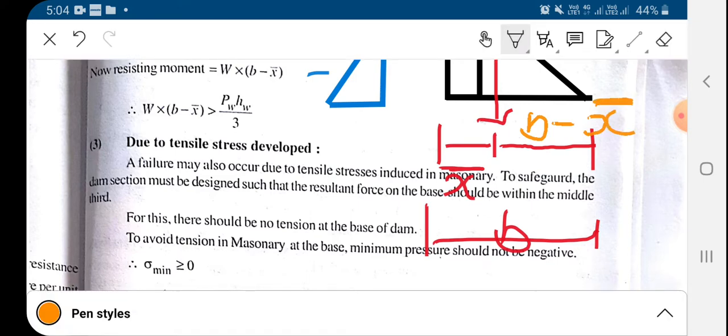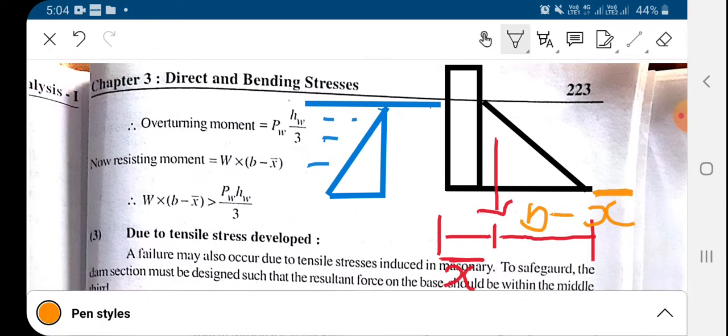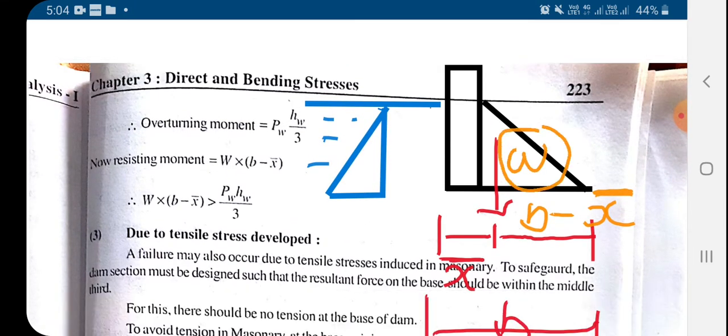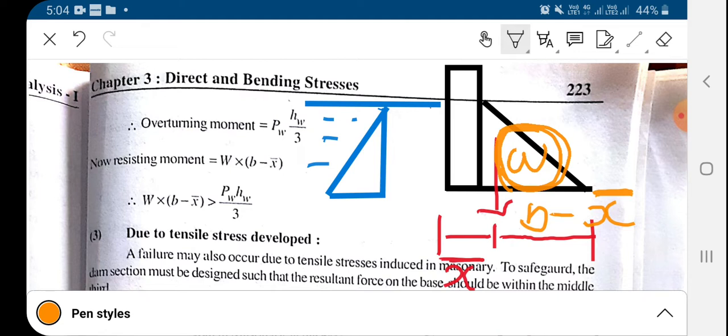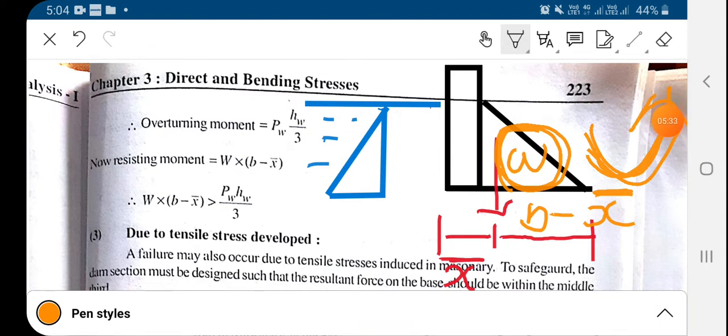So this force W will generate resisting moment, an anti-clockwise moment. So let's form the equation.